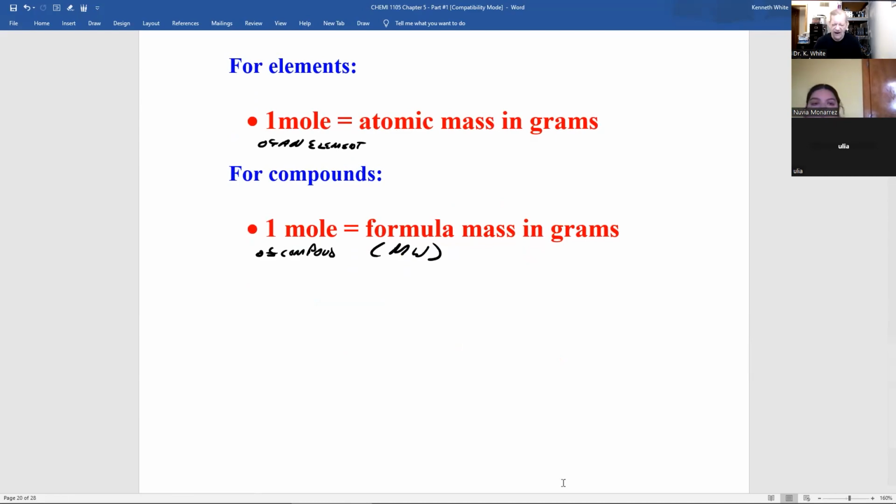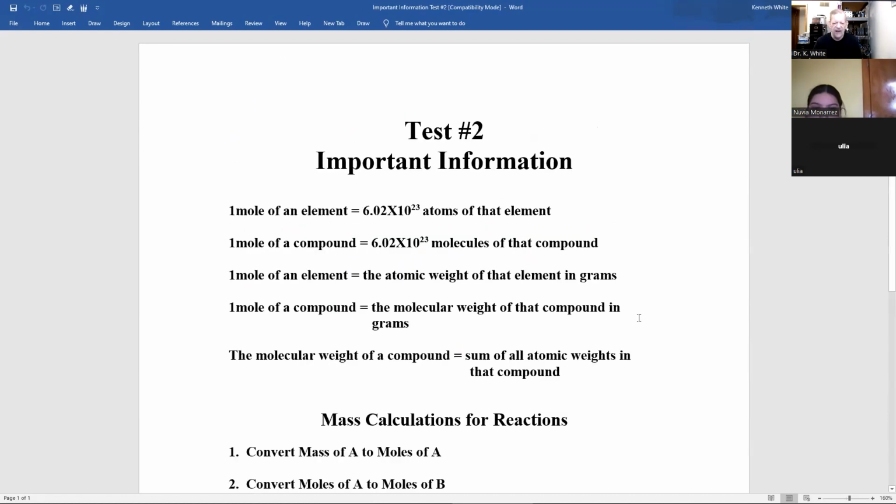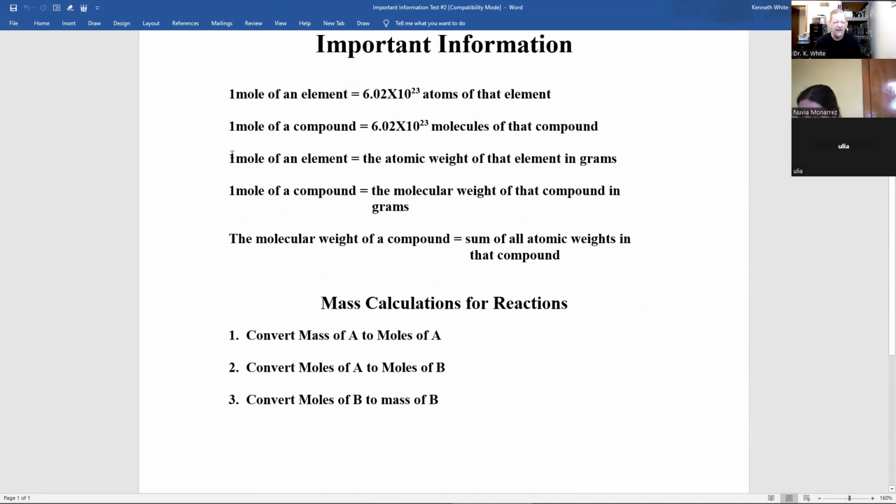Now, let me remind you, you should be looking at important information, test number 2. And here I have my way of writing it, and you'll be given this. 1 mole of an element equals the atomic weight of that element in grams.